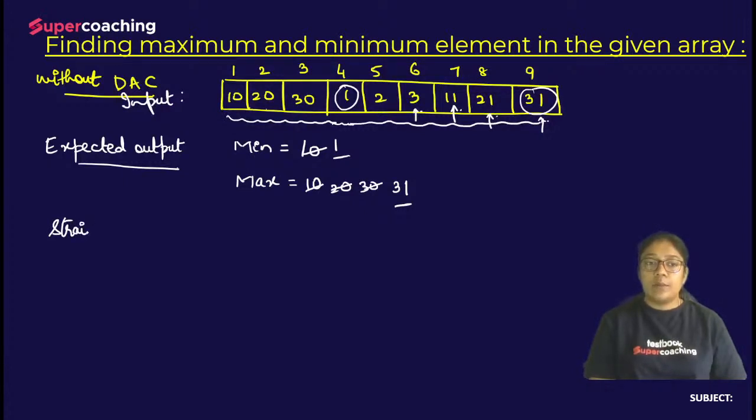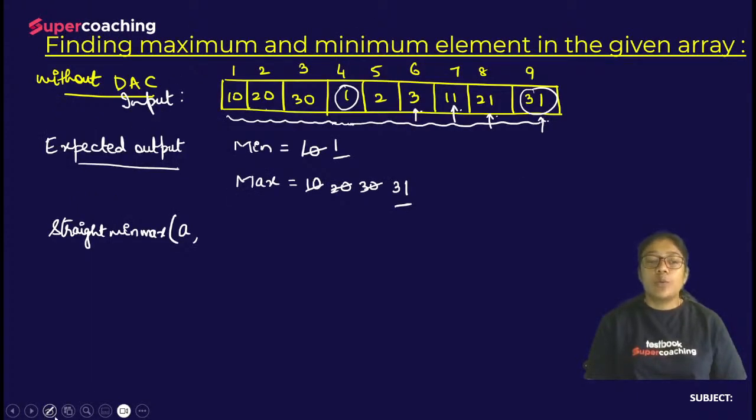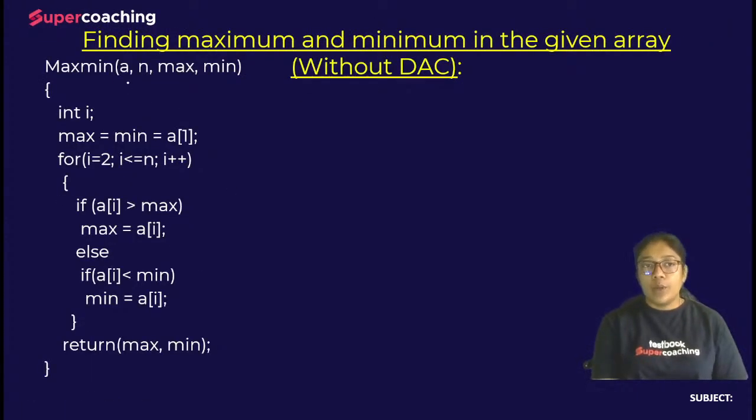Let me call this function straight min max. Here we were given an array, let me see if the algorithm is written. Yeah, it's already written for your reference. So what we are doing here is we are taking the array as the input.